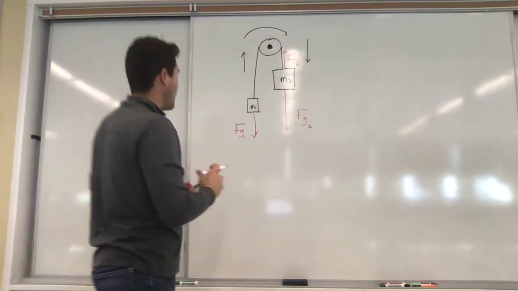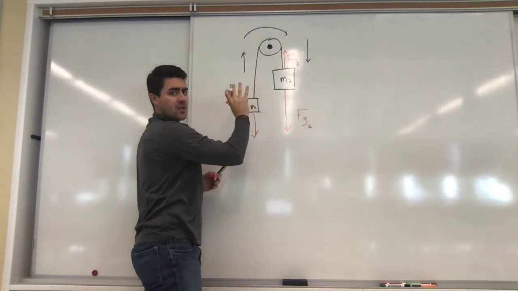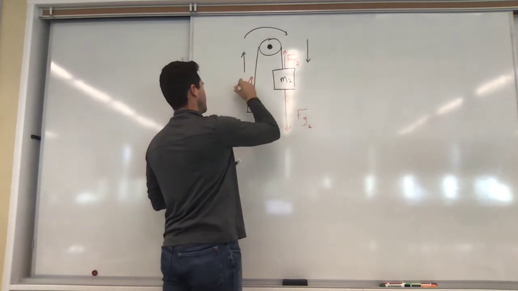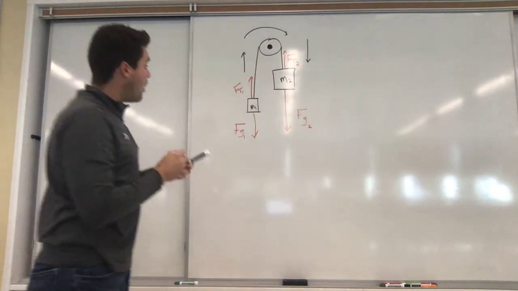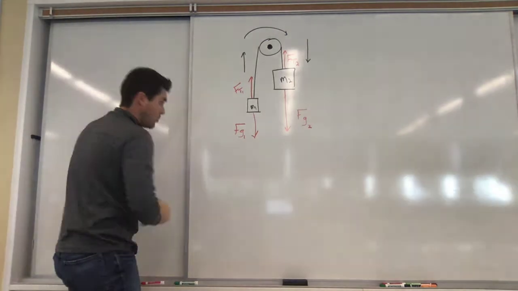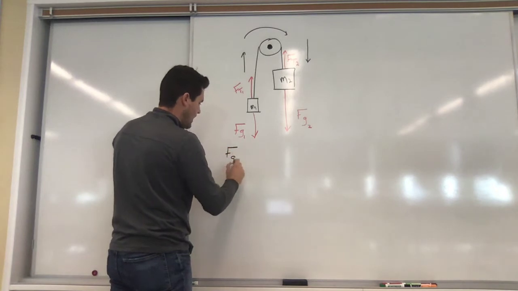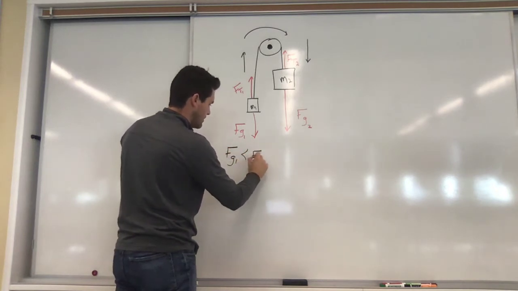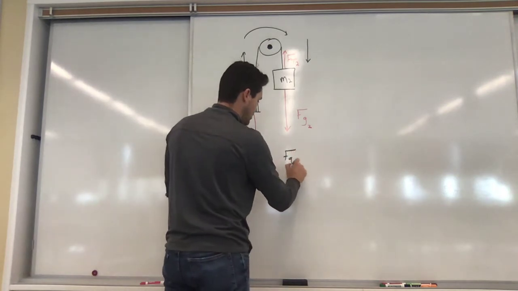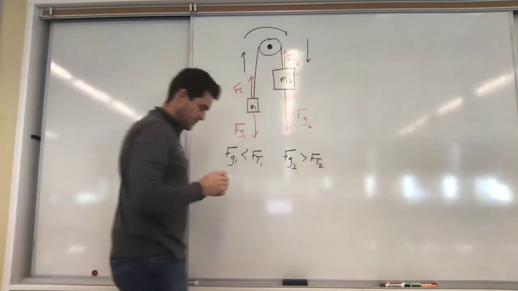On box 1, it's accelerating upward. Well, if it's accelerating upward, then this tension force right here, Ft1 we'll call it, must be larger than the gravity force or the weight force on mass 1. Let's go ahead and make a little inequality symbol. Fg1 is smaller than Ft1, and over here Fg2 is larger than Ft2.